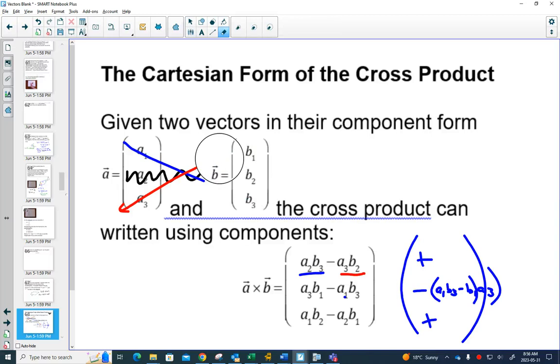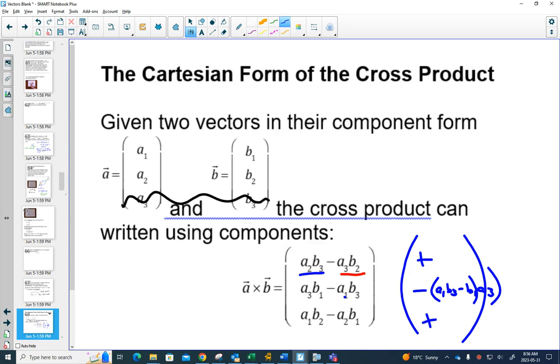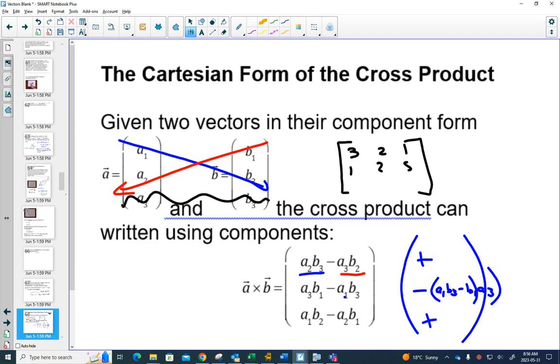And the same thing to find row 3, you would ignore row 3 and do your determinant with what is left. So similar to what we did when we had a 3 by 3 matrix, to find the determinant, you took this number, ignored everything else, and multiplied it by the determinant of what was left there.